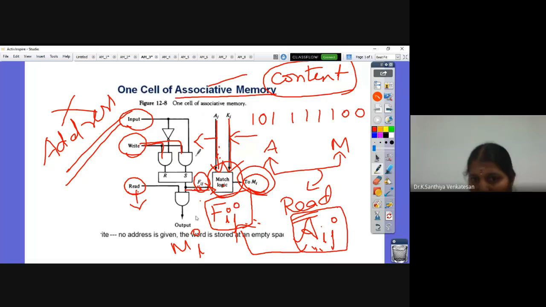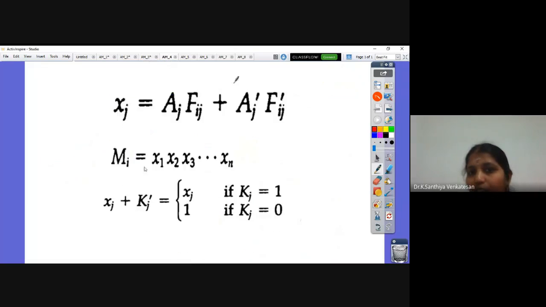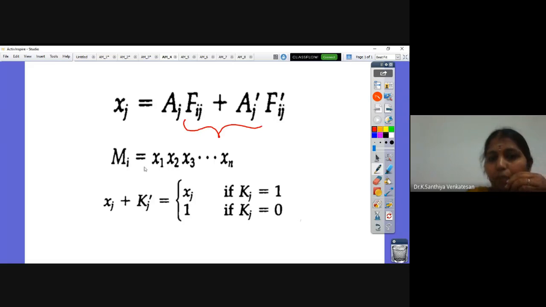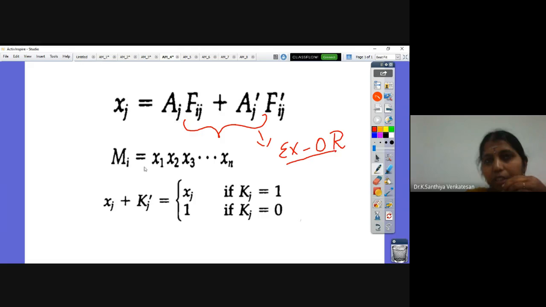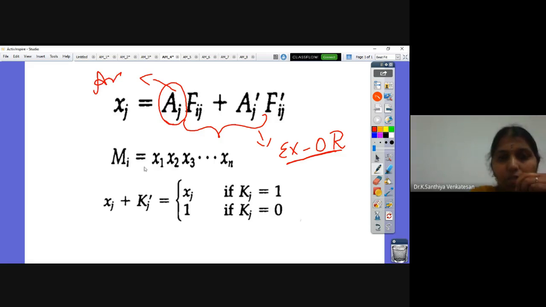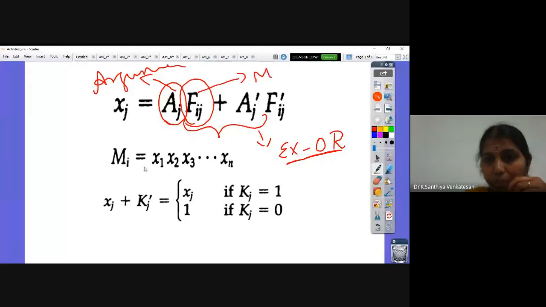You have to write this Boolean expression by yourself. Actually, here we are performing the XOR operation. This is Aj, your argument register, and this is the word which is stored in the memory.